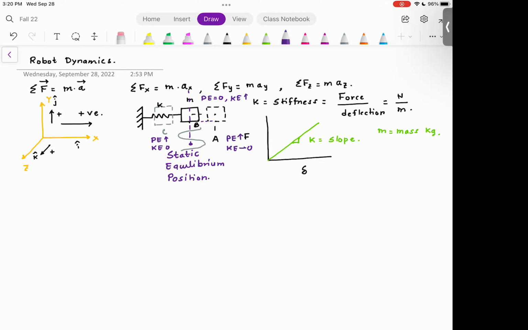Now imagine if you have some type of damping or some type of air resistance, then what's going to happen? In each oscillation, that air resistance is going to absorb some amount of energy from this energy interaction.